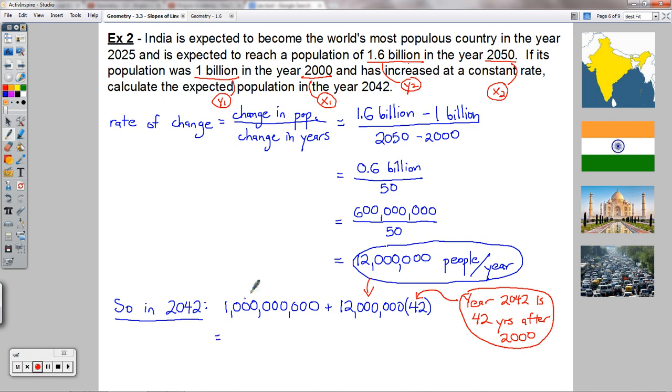And so this would equal, if you work that out, I did it in a calculator earlier, 1,504,000,000. That's a lot of people. So we have this many people. If we were going to write that in terms of billion, going back to the way it was written before, we could say that's 1.504 billion people.